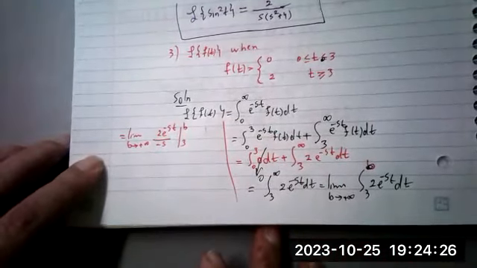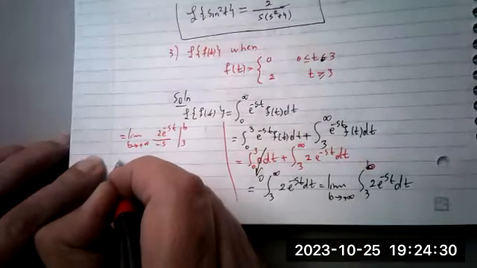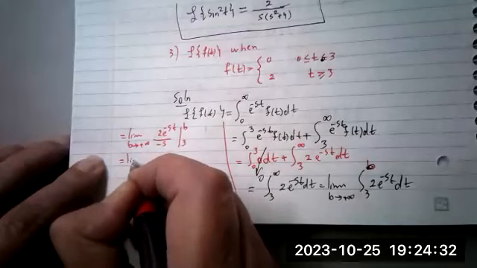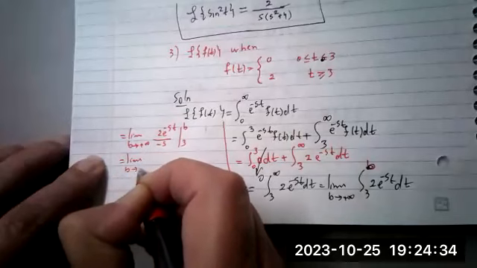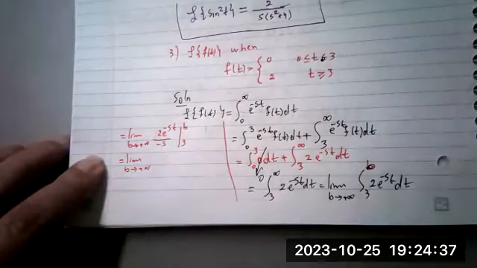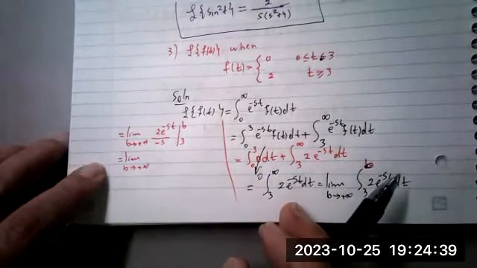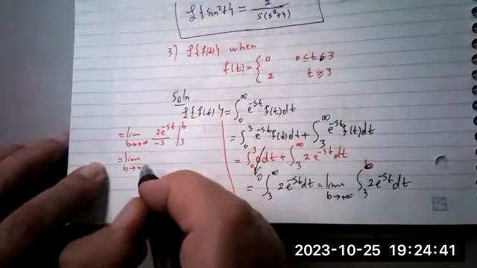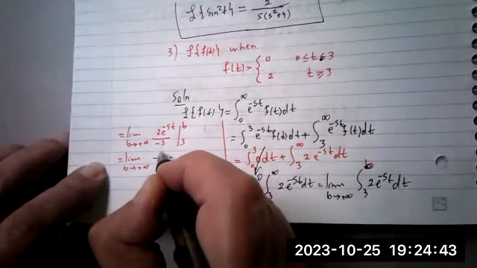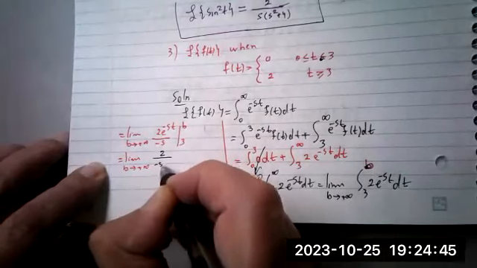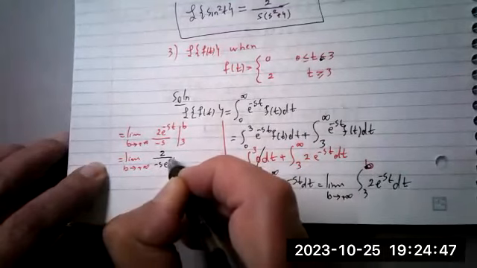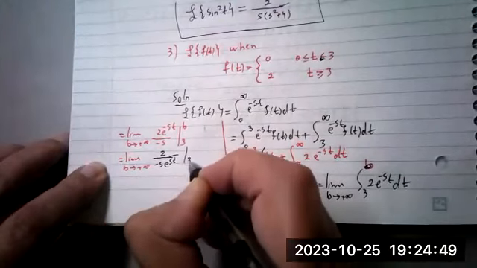Substitute and find the limit. So we continue: the limit as b goes to positive infinity. You can bring this one down and then replace it by b. So it's going to be 2 on the top, negative s e to the st in the denominator, from 3 to b.